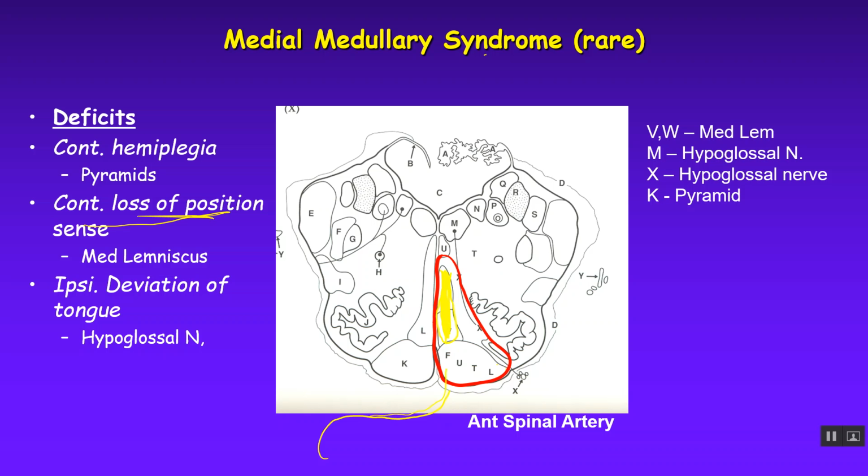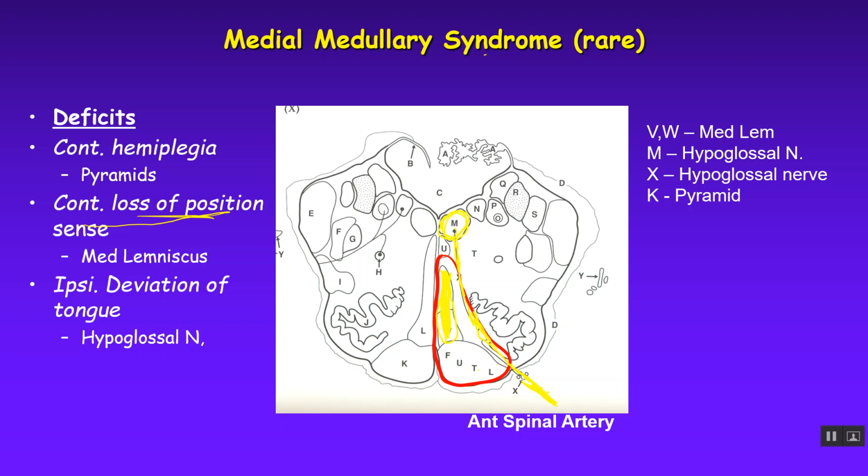Then the other primary thing you'll have is ipsilateral deviation of the tongue. Here's the hypoglossal nucleus, hypoglossal nerve. The fibers project through this area, and it tends to catch some of the hypoglossal nerve fibers. The lesion is on the left, and the hypoglossal nerve fibers are going to the left side of your tongue, so the left side of your tongue is weak.